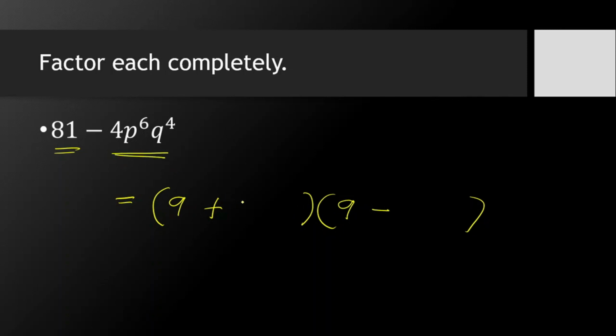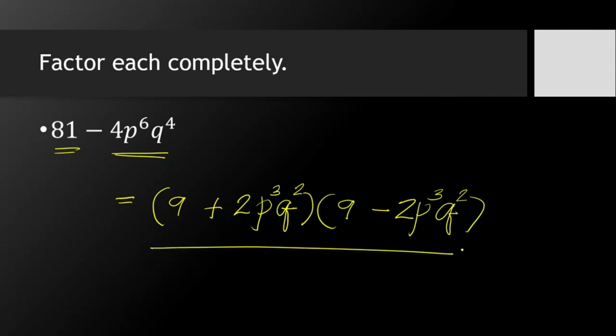For the numerical coefficient, that is 2. For the variable p, that is p raised to 3. And then for the variable q, we have q raised to 2 or q squared, q squared. The factored form is now obtained.